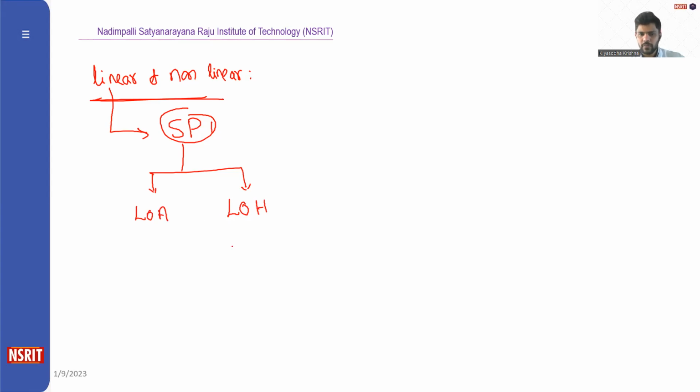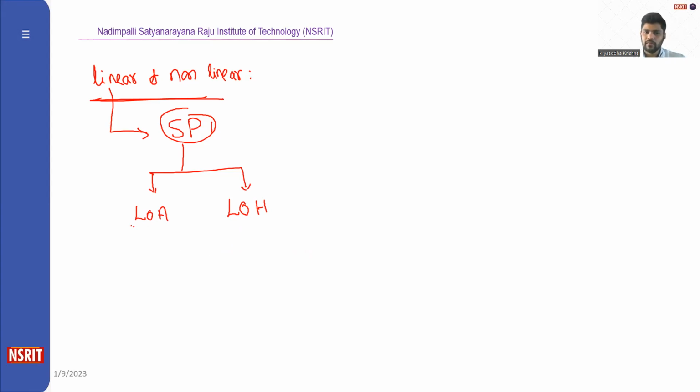It maintains two philosophies: the law of additivity and the law of homogeneity. So the law of additivity means whatever inputs are added, the same thing will be applied to the output side. The law of homogeneity means whatever number is multiplied to the input, the same thing will be reflected to the output.